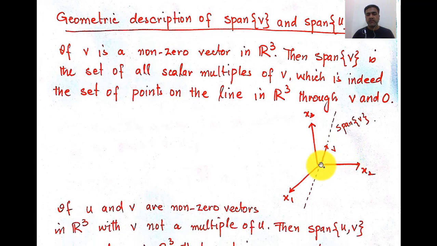This is my vector V in R3. If I multiply this V with C, then CV will be all these vectors. Hence, in R3, the span of V is the set of all scalar multiples of V, which geometrically is the set of points on the line in R3 through V and 0.